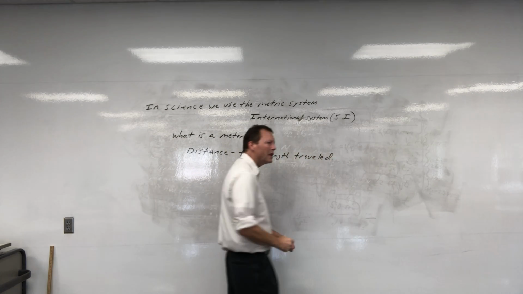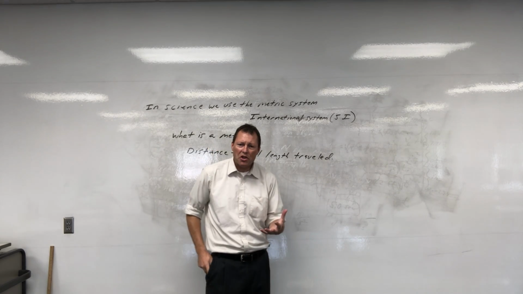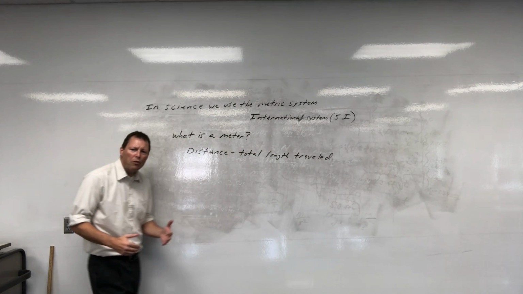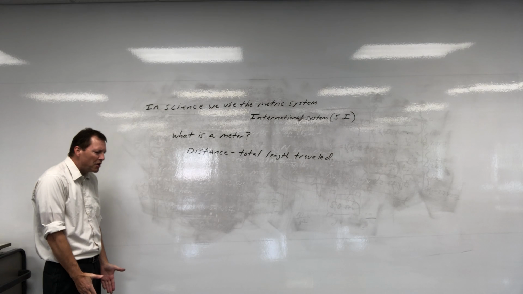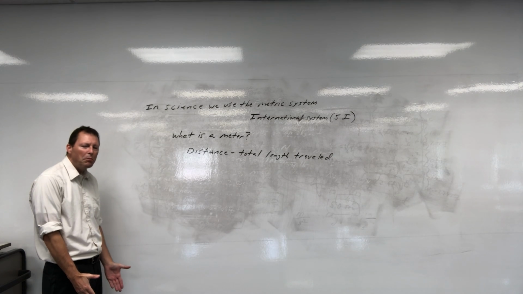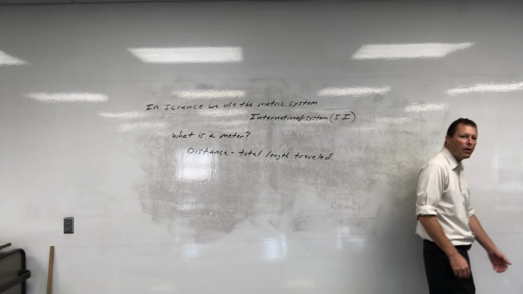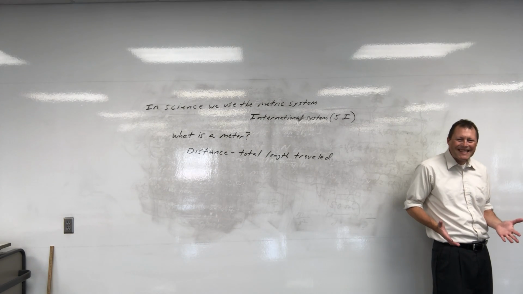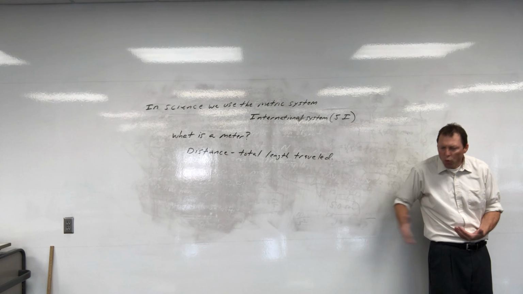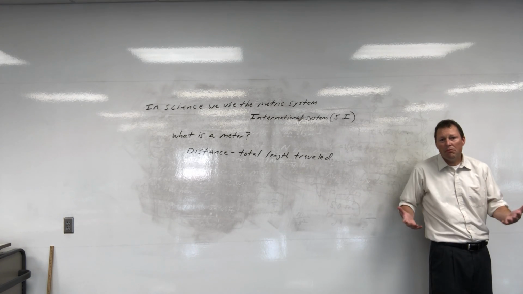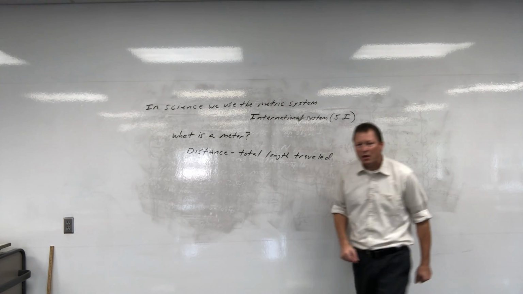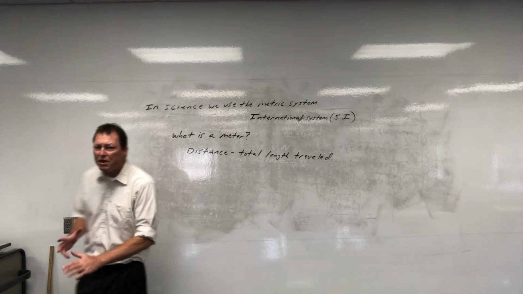So let's just work this out. I'm going to start here, and I'm going to walk 3 meters. So how much distance did I travel? What was my total length traveled? 3 meters.